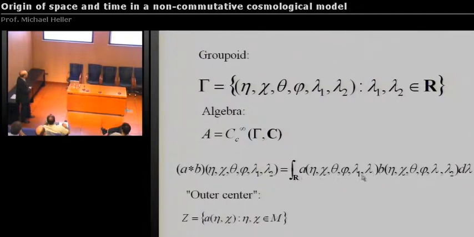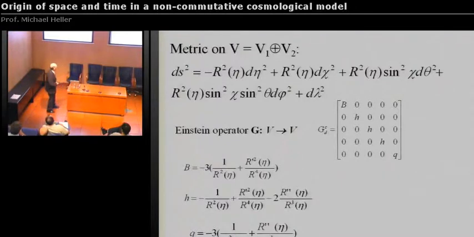And having this metric, we do automatic computations of all tensors and magnitudes needed to write the Einstein equations. This can be done with the help of a Mathematica program in a couple of seconds. I skip all these intermediary computations, and show only the Einstein operator. If you remember, Einstein equations have a left-hand side and a right-hand side.